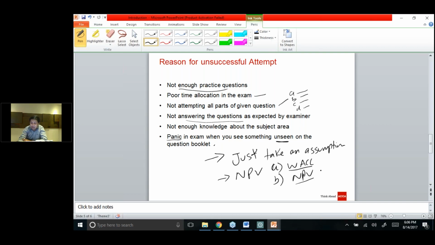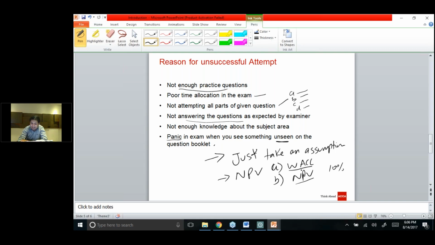Let's say you have assumed that WACC is 10%. Just try to solve part B. You will get full marks for the right steps of part A, and in part B you will get full marks because you have taken an assumption. Only 1 mark will be deducted for that assumption, but the rest of the marks will be allotted to you.